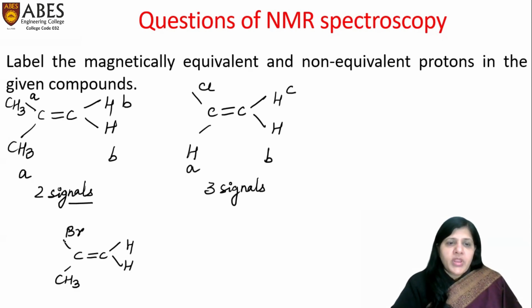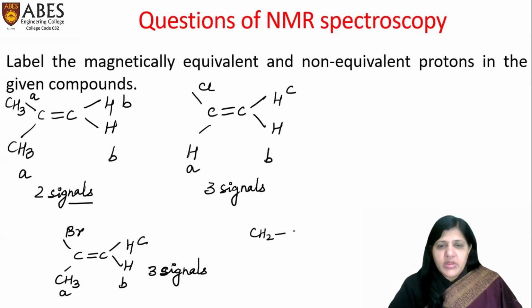Another example, due to the presence of bromine atom, now all the three protons are not the same and they have non-symmetrical electronic environment in the molecule. And there will be three signals in the NMR spectrum for this molecule.